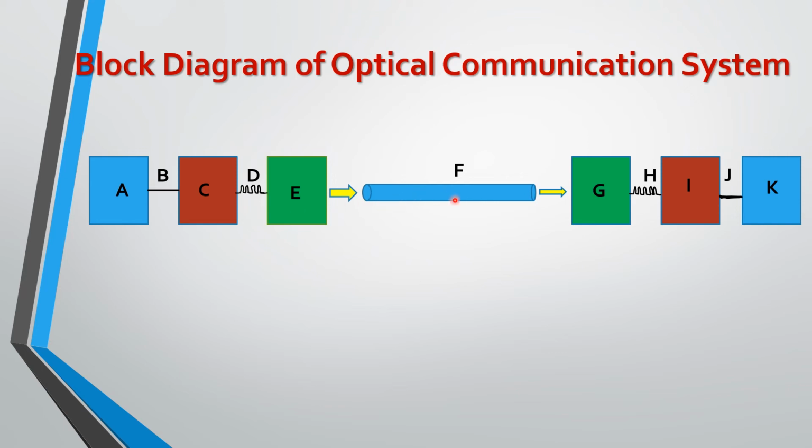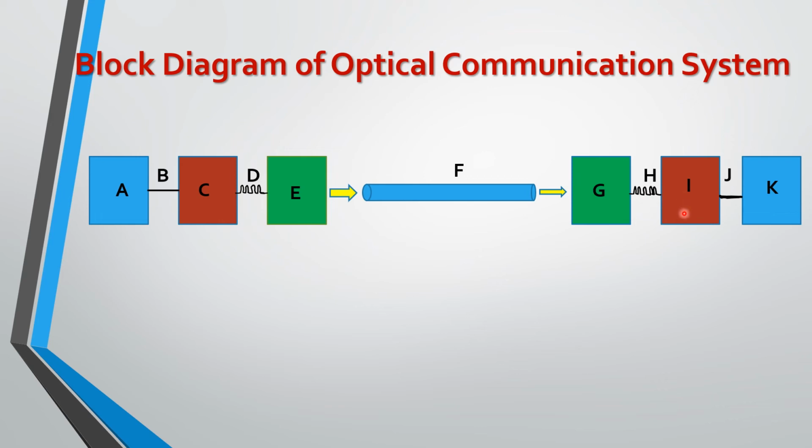And F represents the optical fiber through which the optical pulses propagate from one place to another. And when they reach G, here G is the optical receiver that contains a photodiode or phototransistor. And here there will be an amplifier also. Its output is an electrical pulse coded signal, and that is represented by letter H. And I represents a decoder.